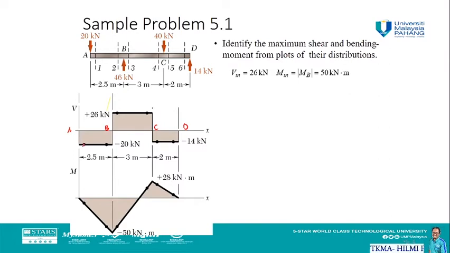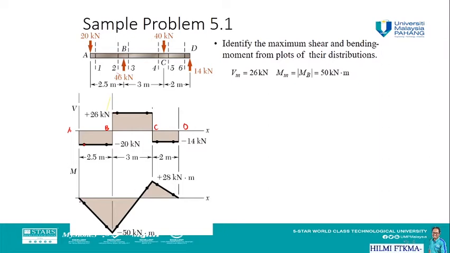This point just represents that the shear force is exactly after point A. So we can also state that at point A the value is negative 20 kilonewton for the shear force, and it stays constant until point B. From point B to point C, it becomes 26 kilonewtons when the 46 kilonewton reaction force is included in our shear force calculation. Then we have negative 14 kilonewtons from point C to D.